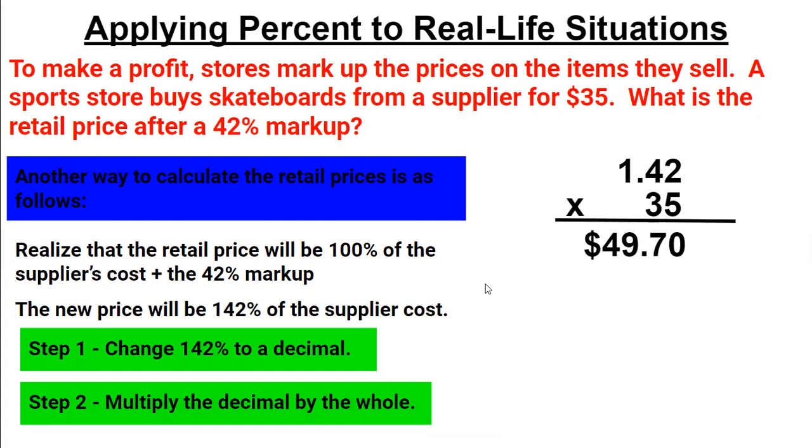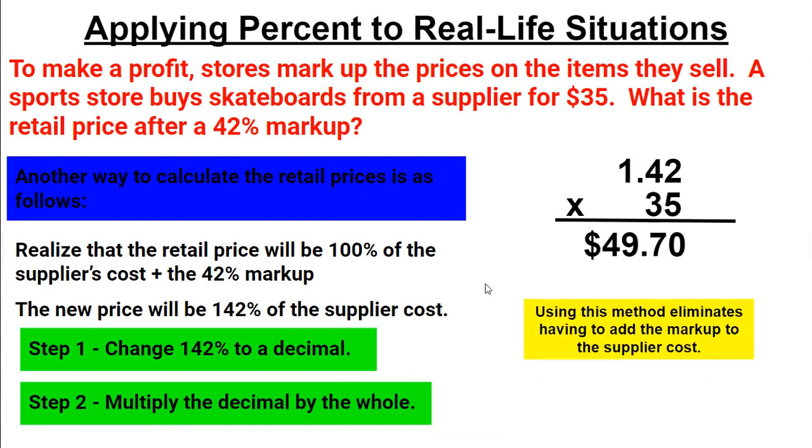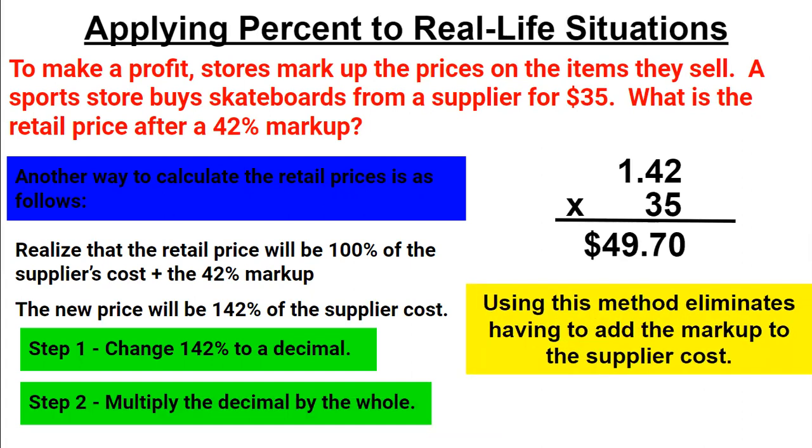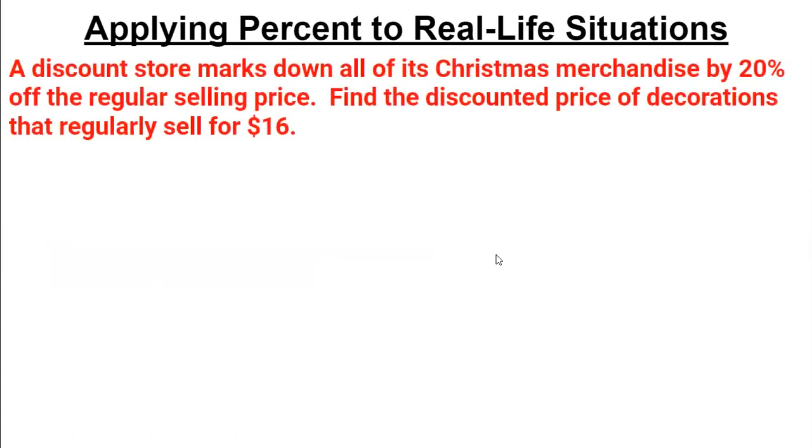Let's see another one. Let's look at a markdown question. Oh, one more step. Using this method eliminates having to add the markup to the supplier cost. Okay, we already talked about that. Okay, next one is a markdown. A discount store marks down all of its Christmas merchandise by 20% off the regular selling price. Find the discounted price of decorations that regularly sell for $16.